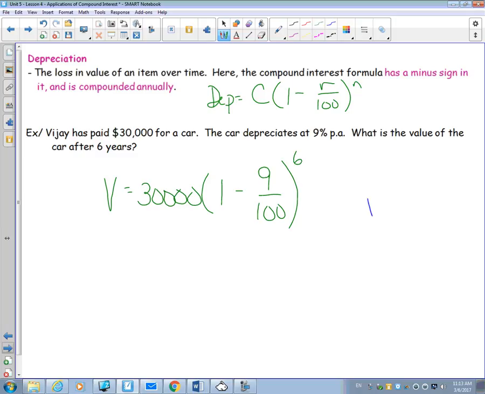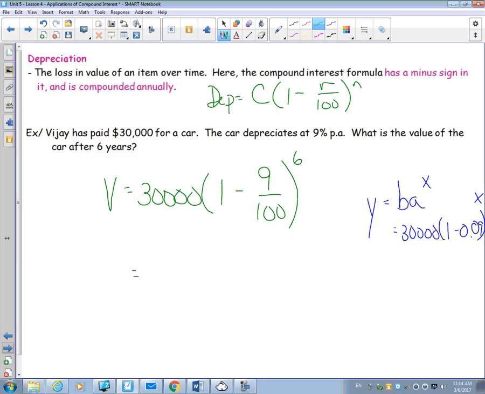Doesn't this look suspiciously like our standard exponential equation where we have an initial value and a rate of change? I think it's basically the same idea, right? That's all finance really is, examples of exponential functions, and growth and decay.